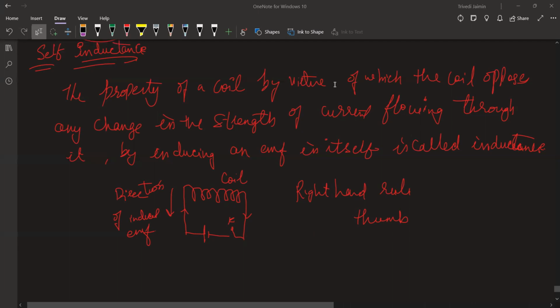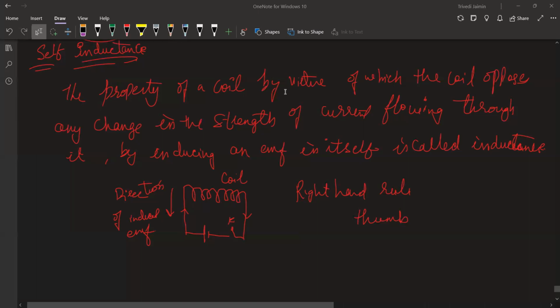Induced EMF means generating some current supply, voltage supply. That is induction. We will use this property in a generator.